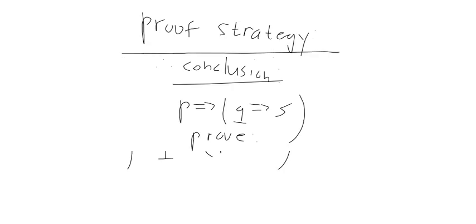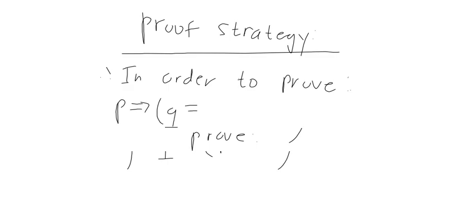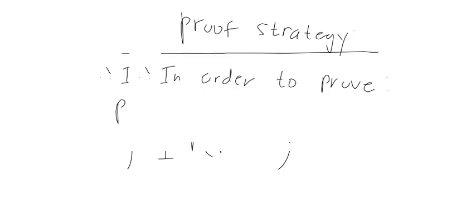Okay, so I'm going to write over here: in order to prove that P implies, in parentheses, Q implies S, we use a two-level conditional proof. Let me just move this over, I need some space here.